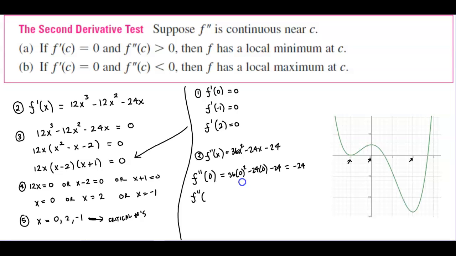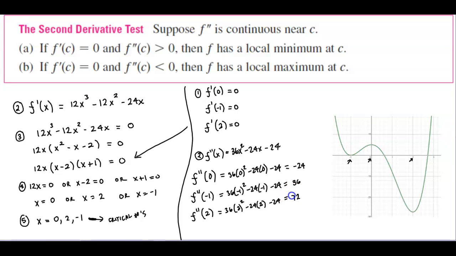We find f double prime of -1. That's 36 times -1 squared minus 24 times -1 minus 24. So this becomes positive 24 minus 24 is 0. We get 36 times -1 squared, which is positive 1, so we get 36. Okay, and then let's find f double prime of 2: 36 times 2 squared minus 24 times 2 minus 24.